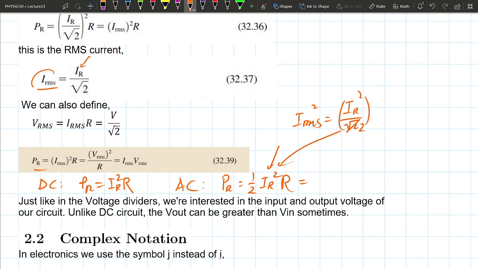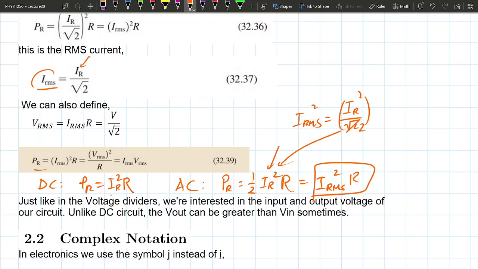When you square this, you basically have the same looking formula between the two. It's some current squared times R, some current squared times R, no matter if you're dealing with AC or DC, and that way you don't have to memorize two different formulas, whether there's a factor of 1/2 or not. These are the really annoying things you don't want to remember.